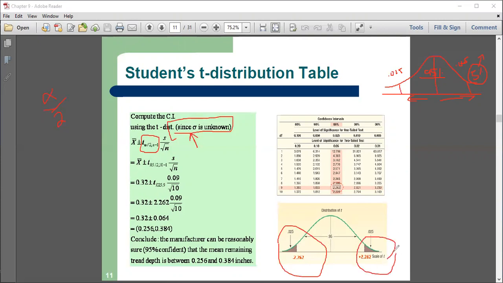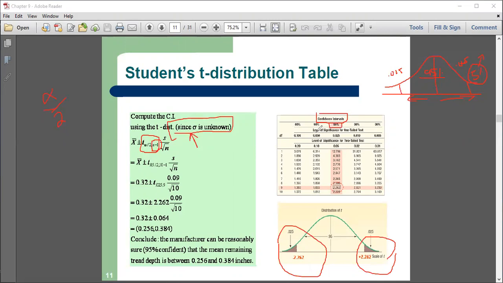And the other thing is n minus 1, so we have to consider the subscript of t, where alpha divided by 2 and n minus 1, and we will see the table according to these two values. Here we see in a t table where the confidence interval is mentioned, which is 95%.